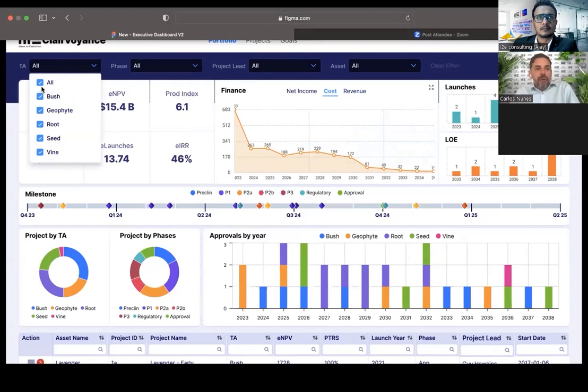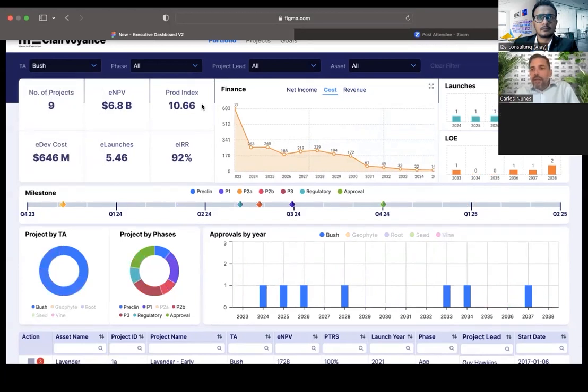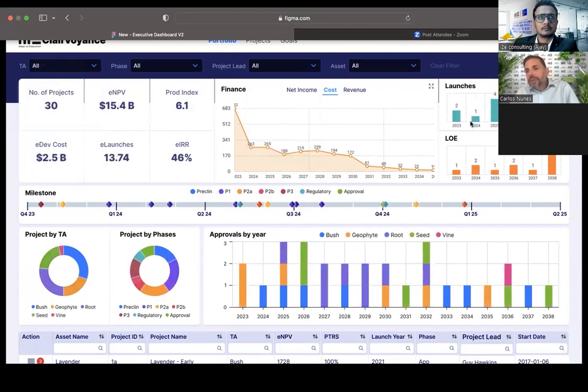As mentioned, we might want to see that by the therapeutic area specifically, to see if the therapeutic area is appropriately occupied through all of the future years, and what's going on in those particular launch activities. So in this one, it's pretty distributed over many years, and you have a gap year here. But when you look at the overall portfolio, you see, oh, we still have a gap here in 27.